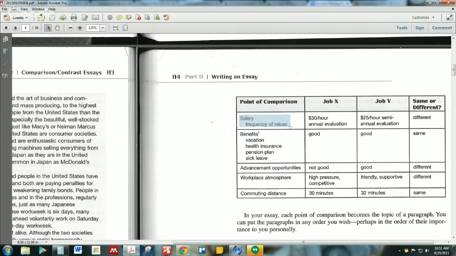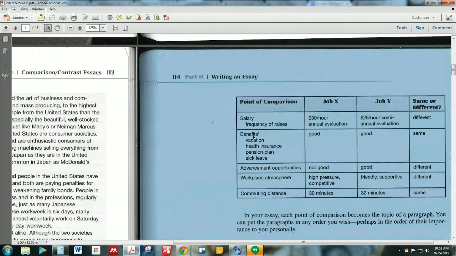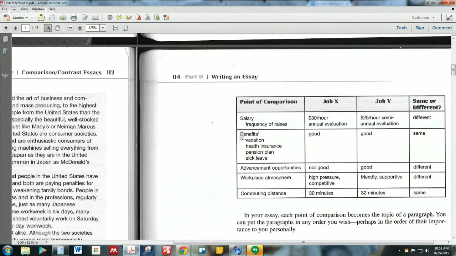Part of the paragraph will look at job X and look at $30 an hour. In the same section, you'll discuss job Y, and you'll see that it's $25 an hour. Your analysis in this section will say that they're different, and probably that you would hope to have job X instead of job Y. In the next section on benefits, you introduce the idea of benefits.